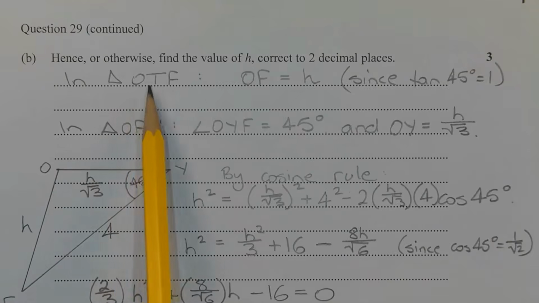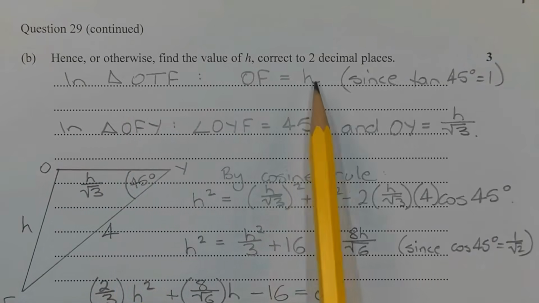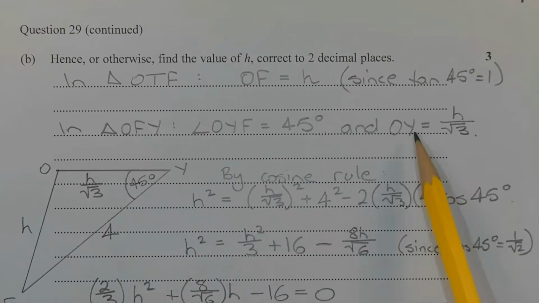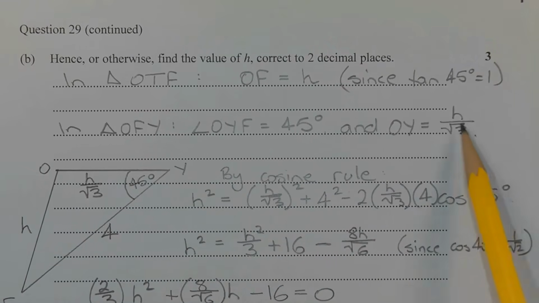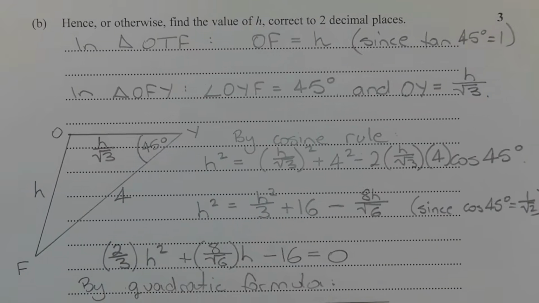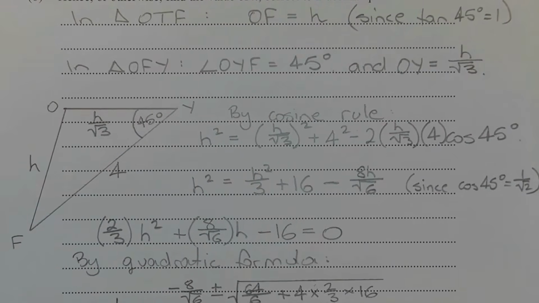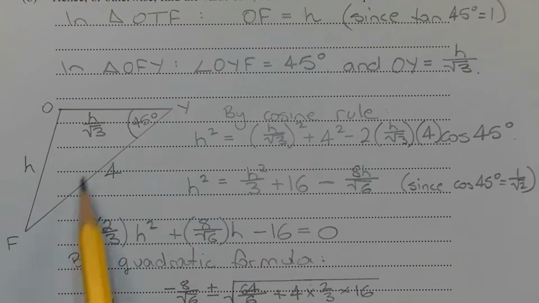So in triangle OTF, OF equals h since tan 45 degrees is equal to 1. And in triangle OFY, angle OYF is equal to 45 degrees, which we just saw. And OY is equal to h over the square root of 3 from part A. And just to make the solution a little easier to understand, it helps to draw a diagram.